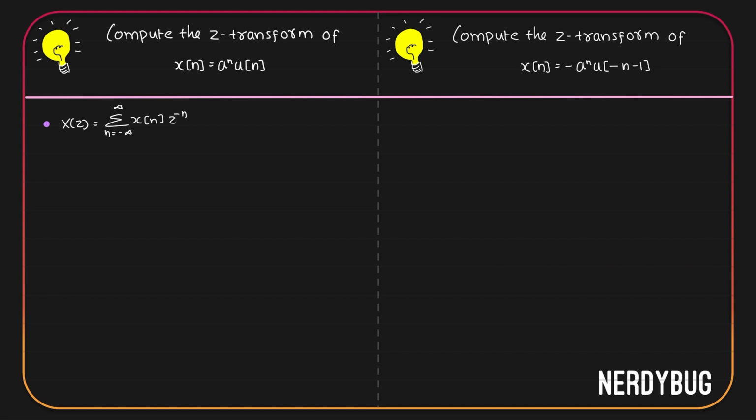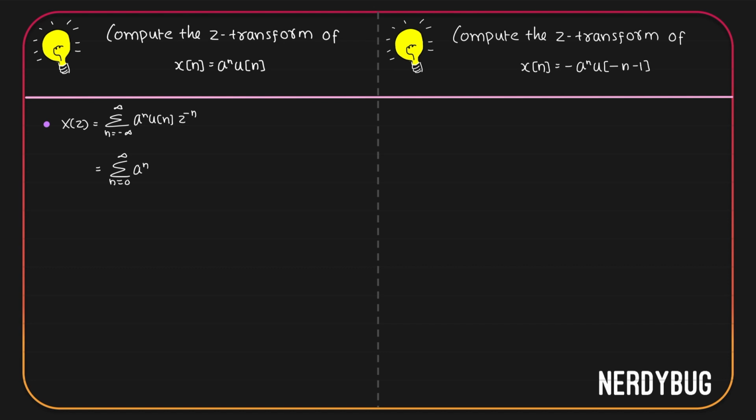But here x of n is a raised to n u of n. Let us replace it. Now we have a u of n. It is 1 only from n equal to 0 to infinity. For n less than 0, it is 0. So we don't really have to take the summation from minus infinity to infinity. We can just take it from n equals 0 to infinity.